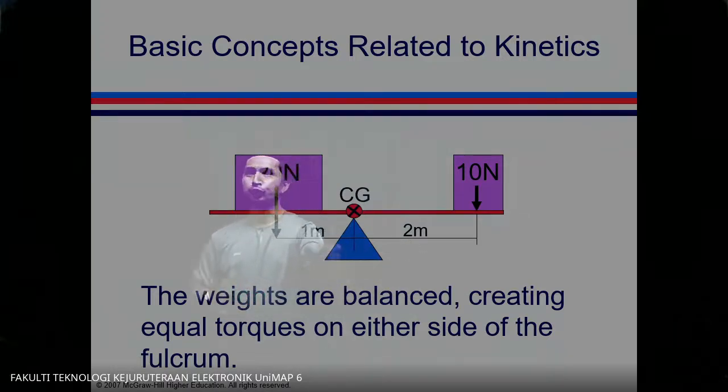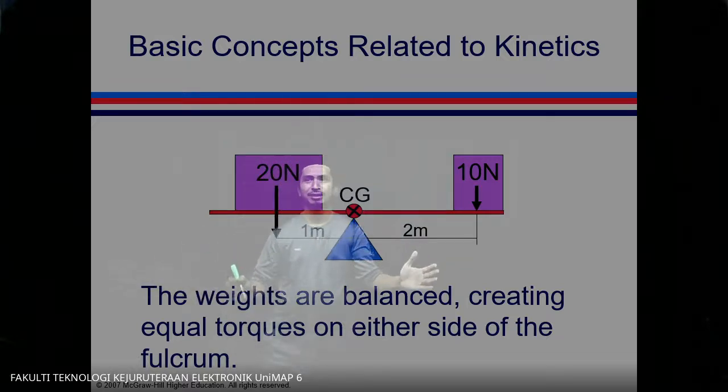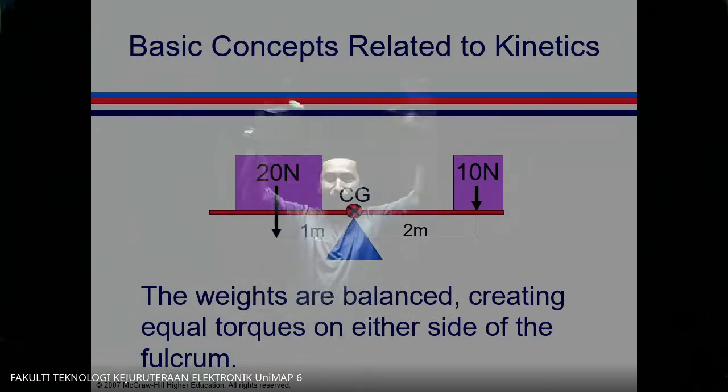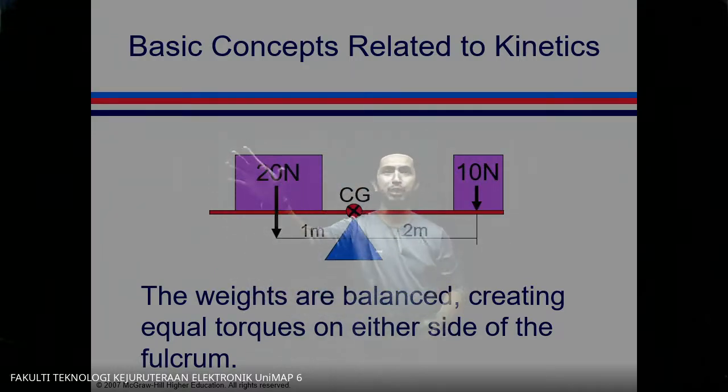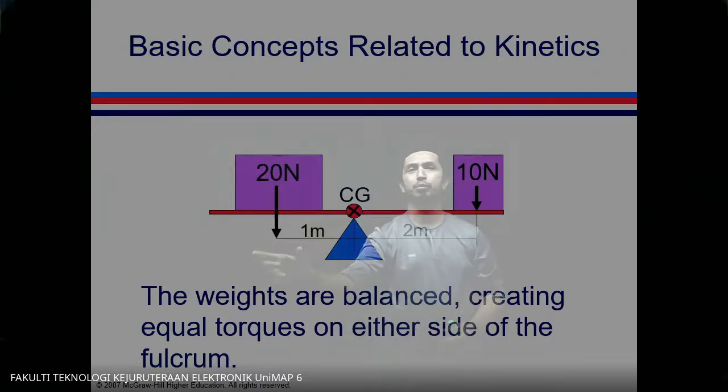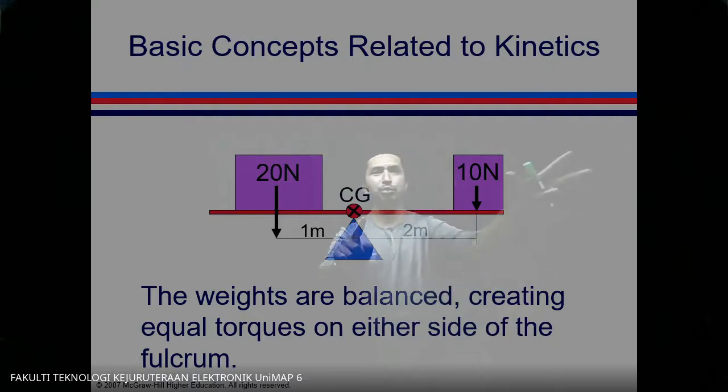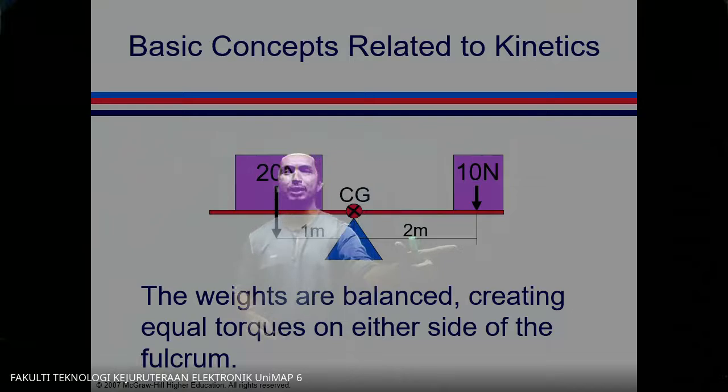To make it balance, to make it in equilibrium, we need to design this system like this. Why? If we have 20 Newton, you need to put it 1 meter away from the center of gravity. If you have 10 Newton, you need to put it 2 meters away.